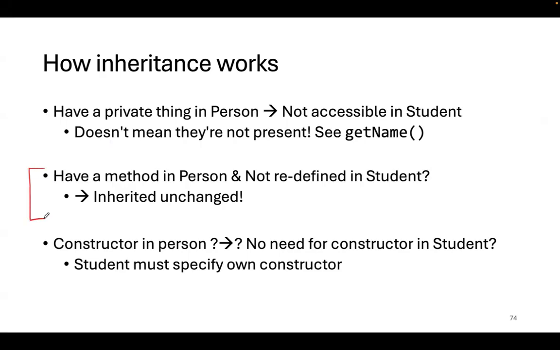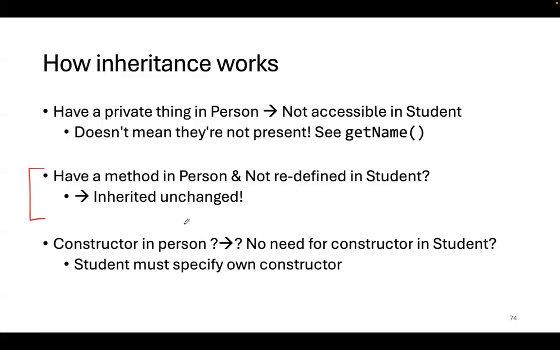And so what we see before we implement toString is, if we have a method in person and it's not redefined in student, then we inherit it unchanged. And so if we don't define toString in student, it's just going to give us the toString for a person because a student is a person. And so it'll give us that information if we haven't said do something different. And so the question is, if we have a constructor in person, does that mean that we don't need one in student?